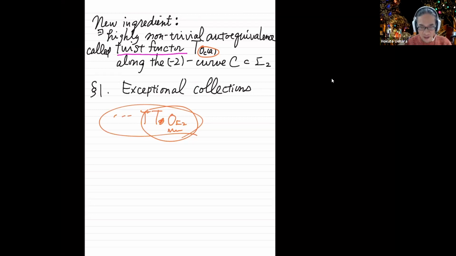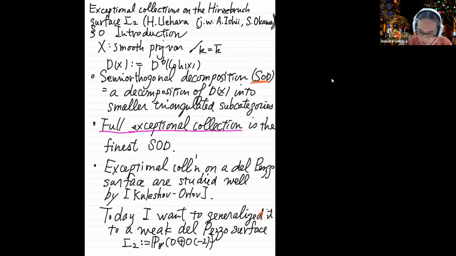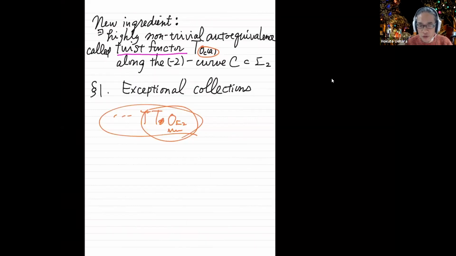I mean, on del Pezzo surfaces, an exceptional object is just a shift of a sheaf, but on Sigma 2, there are much more complicated exceptional objects. So that makes the problem of studying exceptional collections much more difficult.